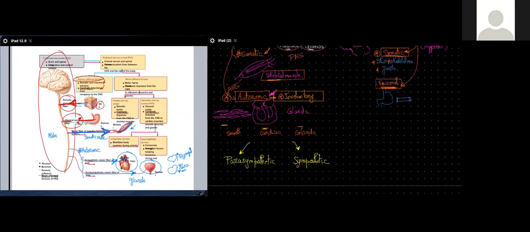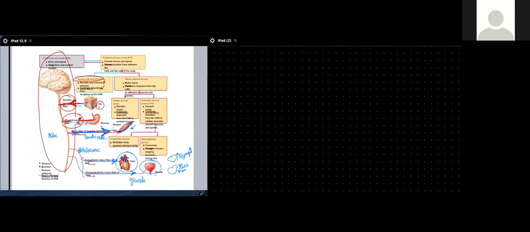One is going to be enhancing the urinary bladder to contract, releasing the urine to the outside. And the other one is going to be inhibiting the urinary bladder from contracting.